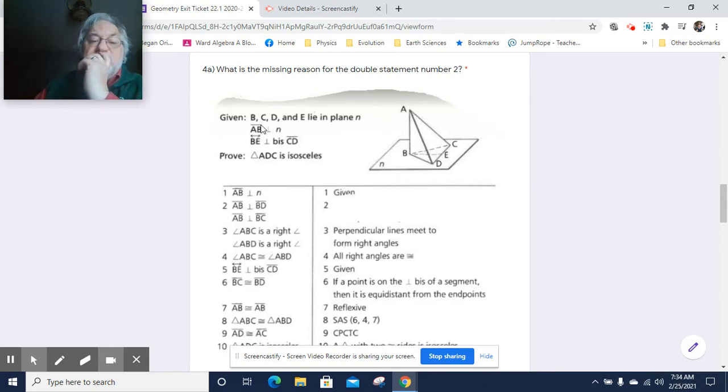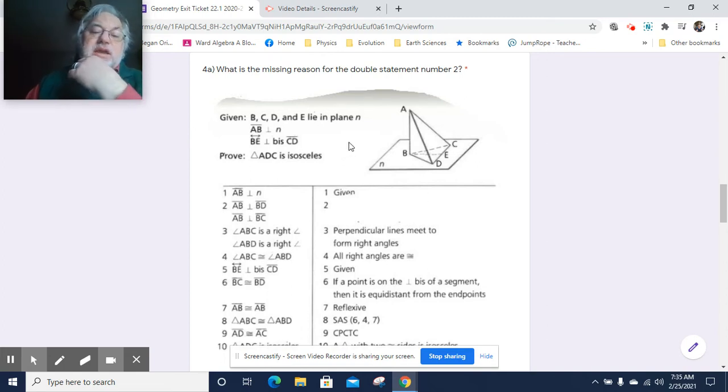So we're told that BC, D, and E all lie on plane N, which means that you can connect those dots and make lines that lie on that plane. AB is perpendicular to plane N, and BE is the perpendicular bisector of CD. So you start to have information that will lead to CPCTC, that will give us these two being congruent, and therefore these triangles will be congruent, and then ultimately these sides will be congruent.